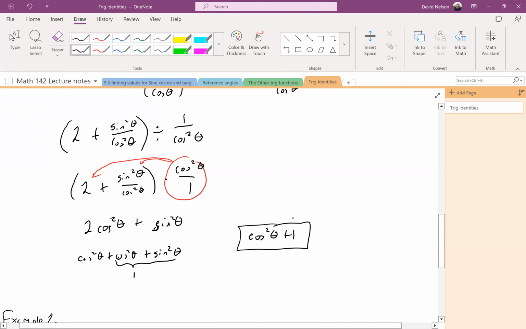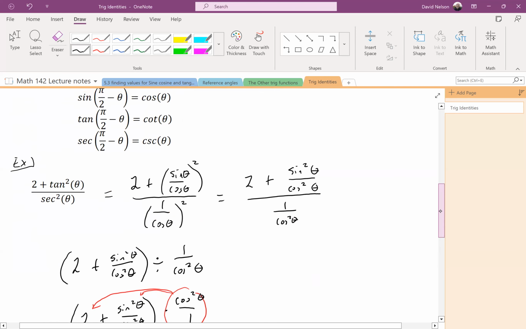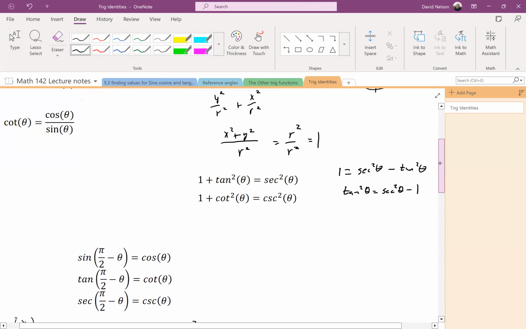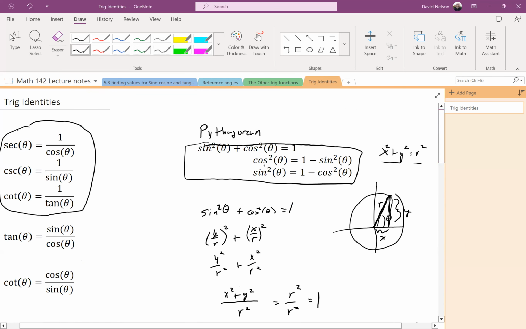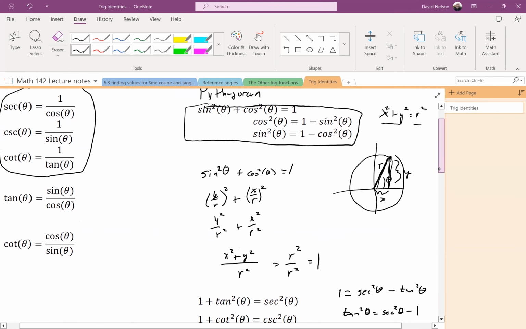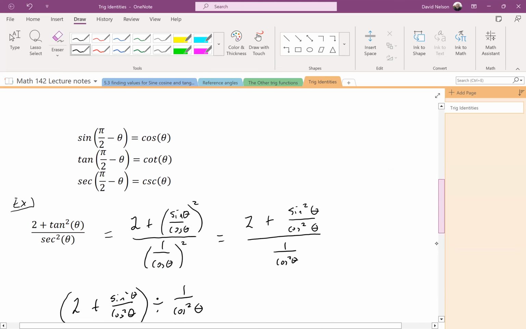I'm not sure we can get any closer. We might be able to, but I think that's pretty good there. That's a pretty simple sort of thing. Looking up at our trig identities, it's not quite there. If I had 1 minus cosine squared, that is equal to sine squared. So I can't quite replace that one in there.